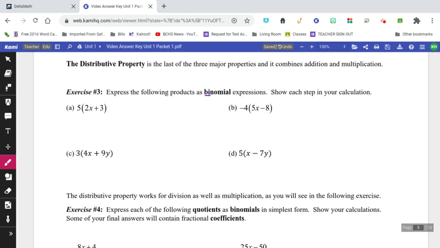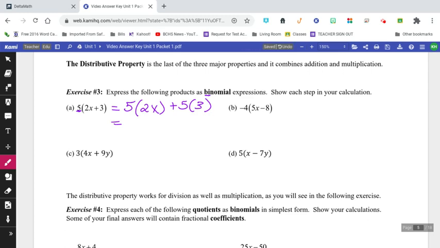So when we do the distributive property, we are taking what's on the outside of the parentheses, and for our purposes right now, it's going to be a number, and we're multiplying it by everything on the inside. Now, where it says show each step of your calculation, that would be something like this. We're going to do 5 times 2x, there's a plus, so plus 5 times 3.